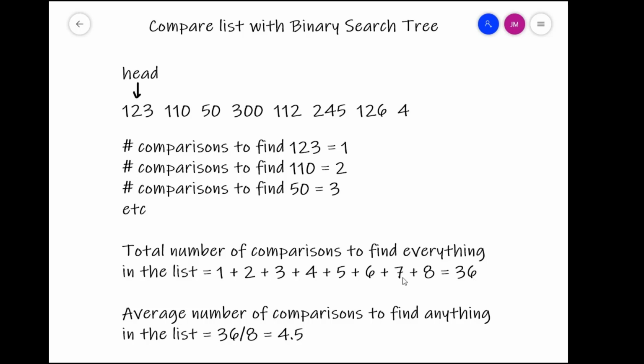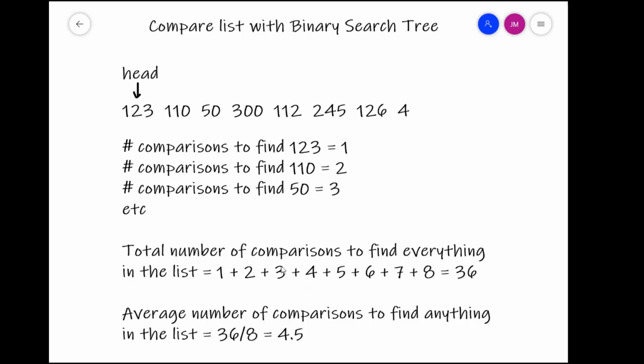Because if I divide it by the number of numbers in my list, which was 8, 36 divided by 8 gives me the average number of comparisons to find anything in the list, 4.5. So sometimes I'm lucky and I can find it with 1 comparison. Sometimes I'm very unlucky and it takes me 8, but on average it takes me 4.5.